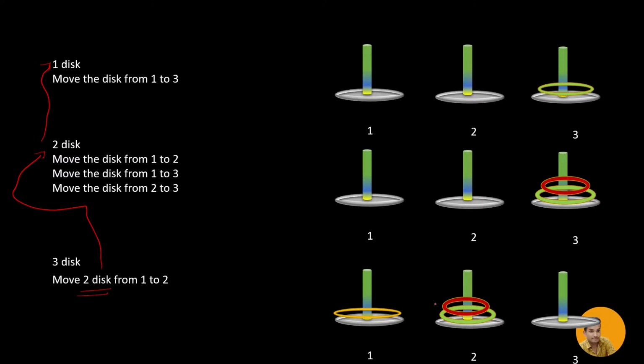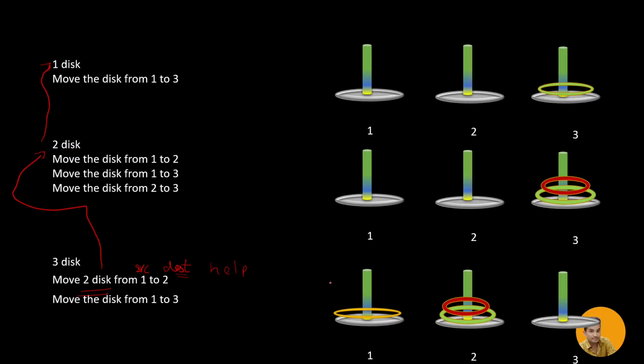Here this is acting as a source and this is our destination. Though this is not our objective destination, this is a middle helping tower, for the time being, for these 2 disks, let's say this is the destination, and the helping tower we did not use.